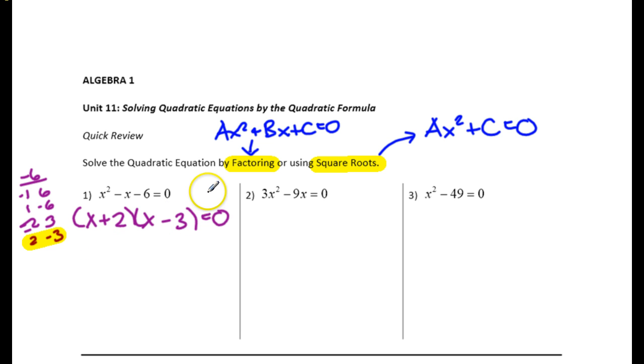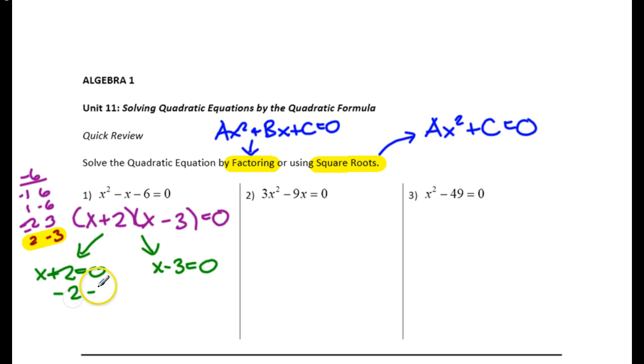Okay? So that's the factoring from last chapter. But now remember, we need to actually solve for x. These are equal to 0. So from here, remember what we do is we split these into two separate equations, set them equal to 0. So I have x plus 2 equals 0, and I have x minus 3 equals 0. And then I just solve for x. These are really easy.